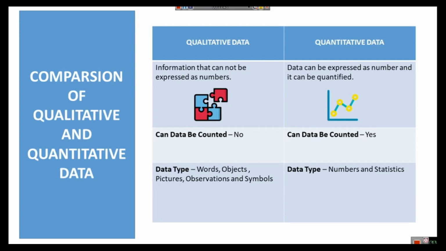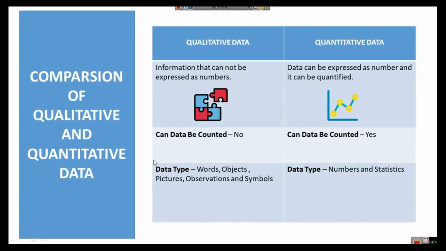So qualitative data is related to quality, and quantitative data is related to numbers. Qualitative data cannot be expressed as numbers, because it is basically attributes of something, and data that can be expressed as numbers and can be quantified is known as quantitative data.